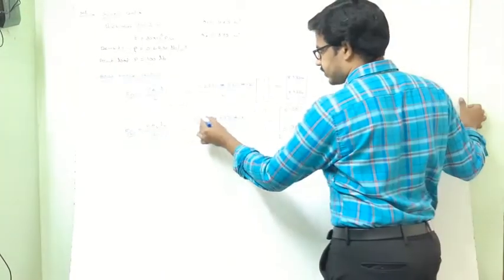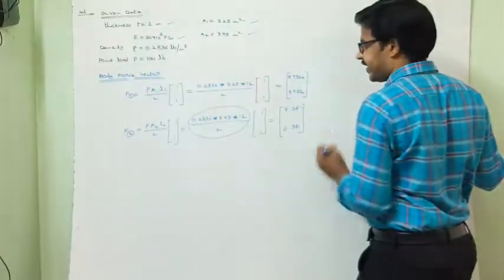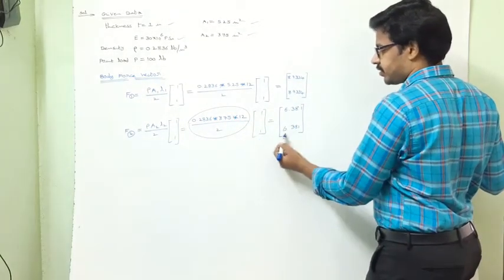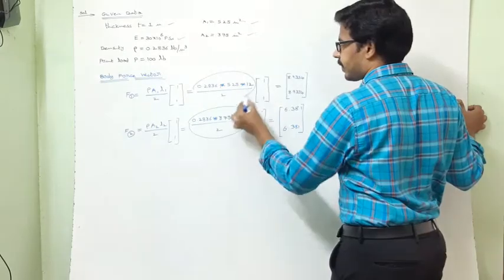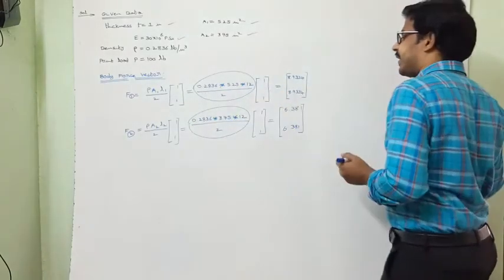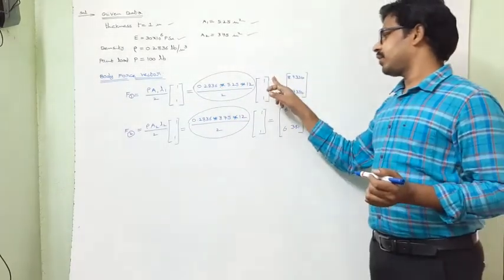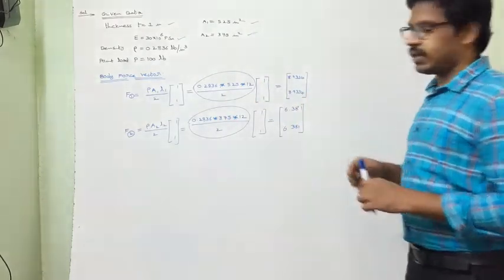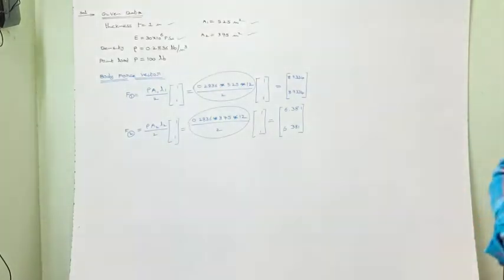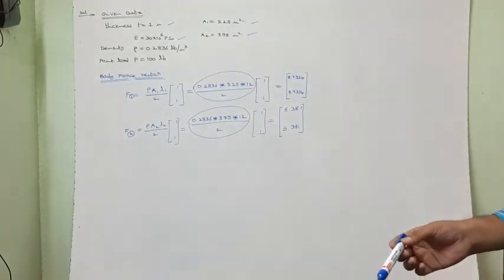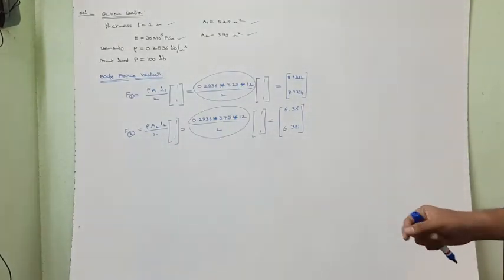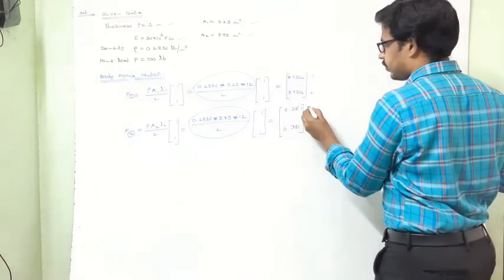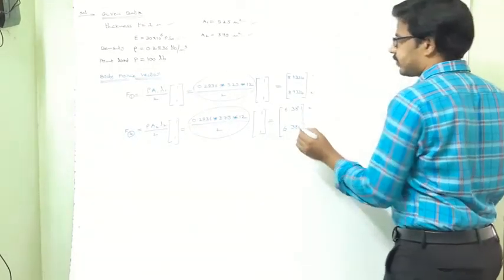So this value is 6.381 into 1, that means 6.381, and 8.9334 into 1. So here these are the force vectors. In the given problem, this is 1, 2 and 2, 3.